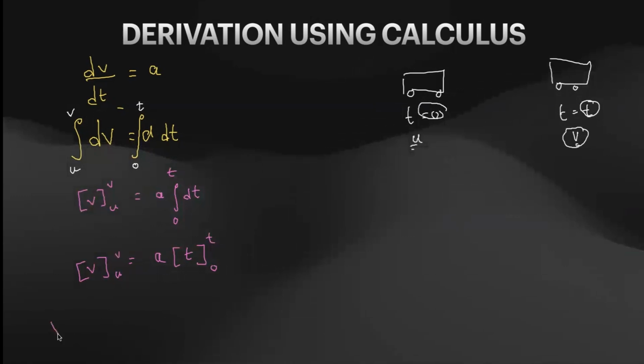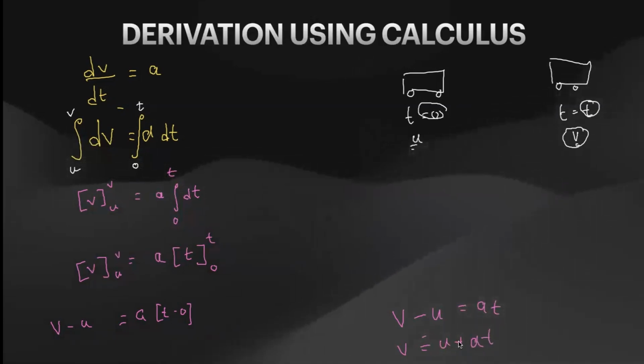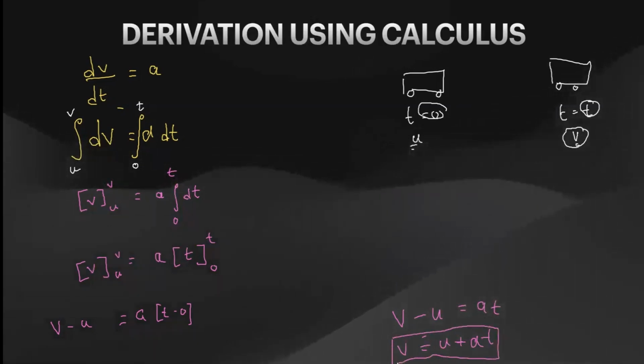The upper limit is v, the lower limit is u, equal to a into t minus 0. So V minus u is equal to a into t, and V is equal to u plus at. So this gives us the first equation of motion, and we have derived it using the calculus method.